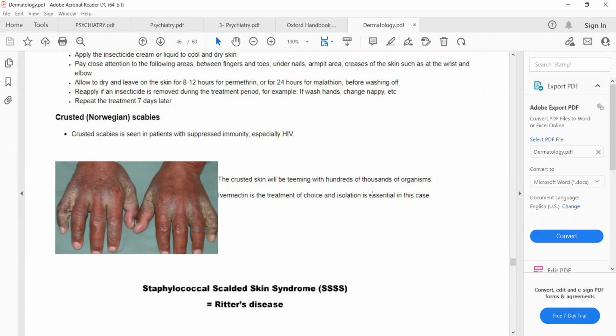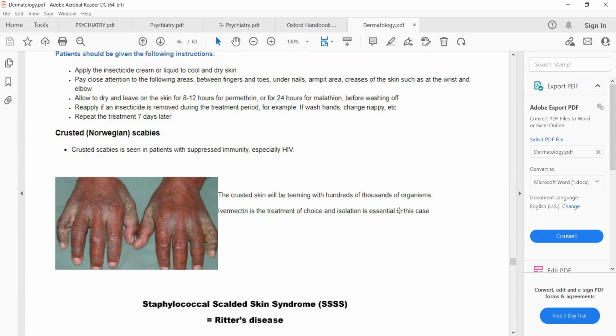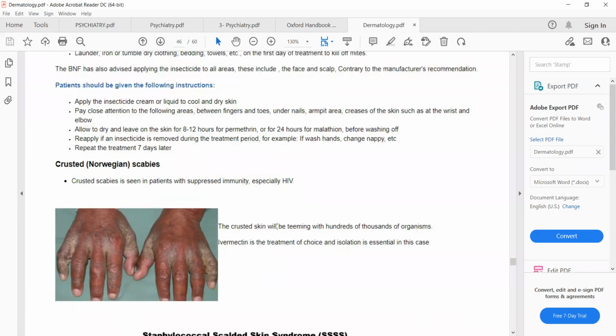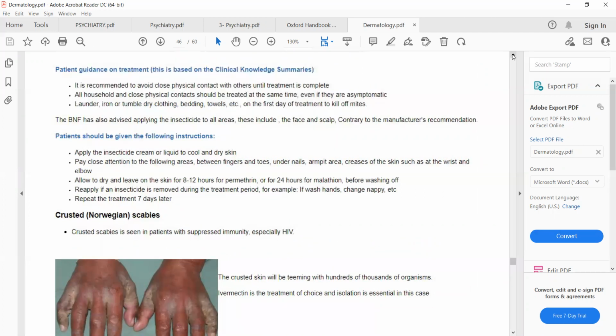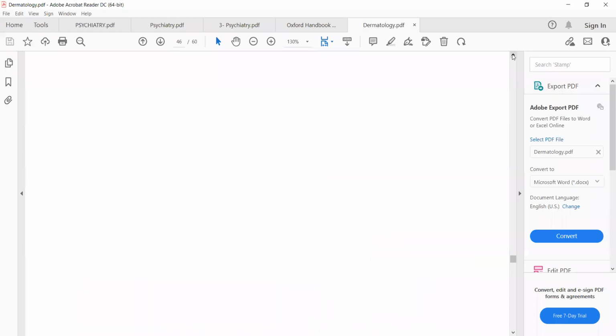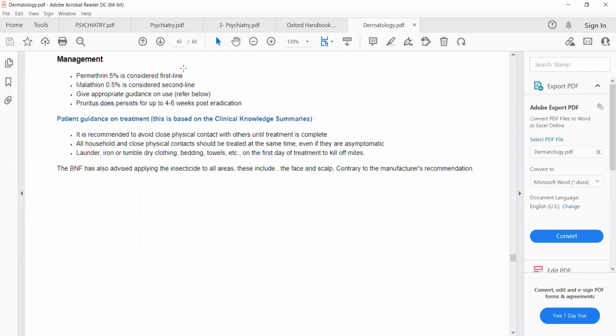So if someone presents to you with crusted or Norwegian scabies, then the treatment of choice is ivermectin, oral ivermectin. Oral ivermectin tablets are used for crusted or Norwegian scabies, while simple scabies is managed with permethrin 5% as a first line, malathion 0.5% as the second line.